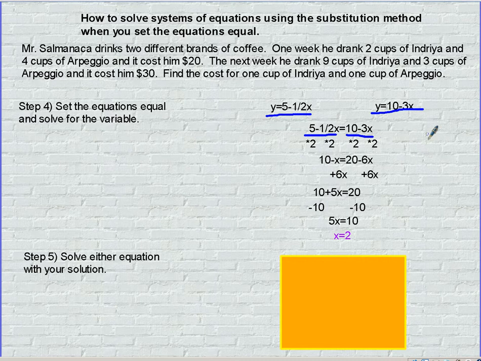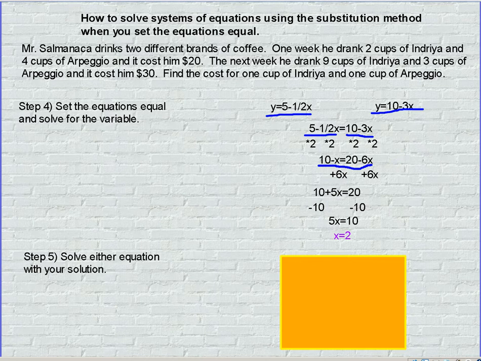And since we have a fraction, the easiest thing to do would be to get rid of the fraction. We do that because our common denominator is 2. Okay. So we're going to multiply every number by 2. And that gives us 10 minus x equals 20 minus 6x. Now we need to solve for x, and that gives us x equals 2.